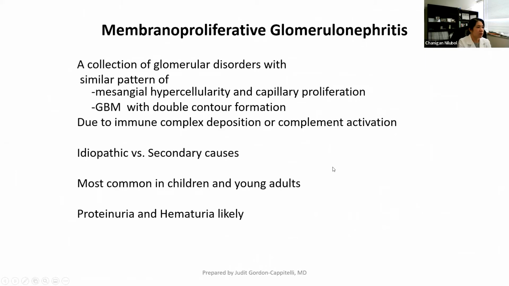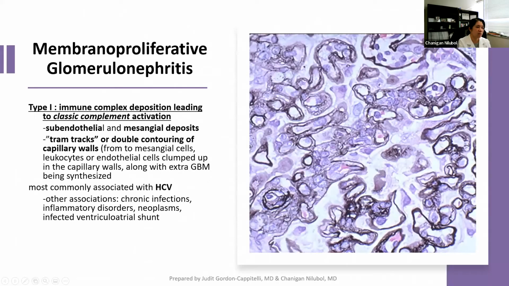I want to skip to the pathology finding, which is kind of nice to look at. This is what we call tram tracking. The basement membranes are duplicated. As you can see here, the dark line, this is silver staining. Typically the basement membrane should be just one crisp, thin line, but in this patient it shows like a track, right?